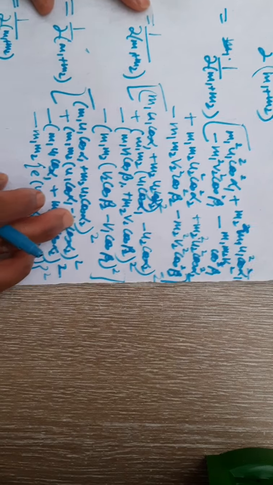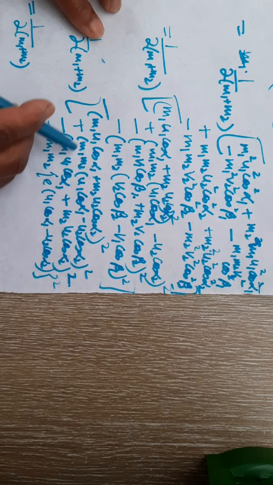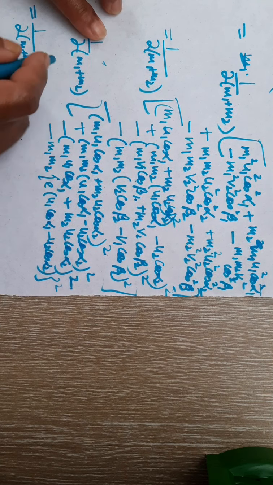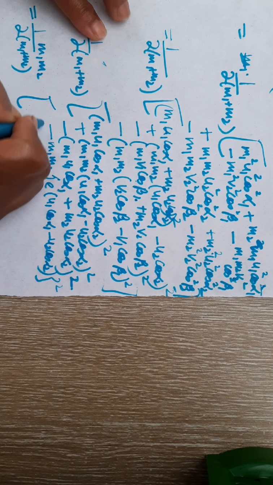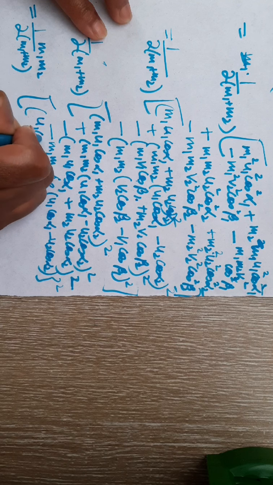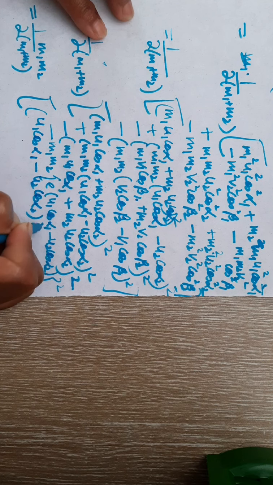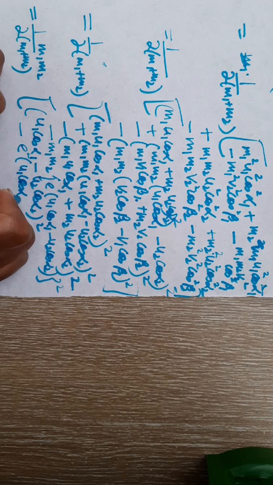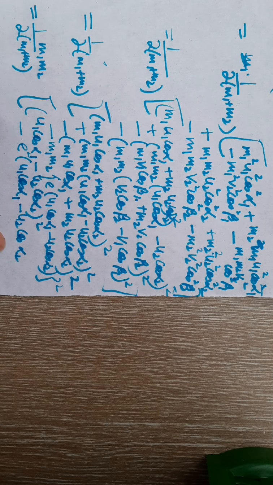You expand this one and you'll see that some terms will be common. Now from here you'll see that m1 m2 will be common because some terms will be cancelled. So then you'll get here m1 m2 will be a common factor, and then inside the bracket it will remain as u1 cos alpha 1 minus u2 cos alpha 2 the whole square minus e square u1 cos alpha 1 minus u2 cos alpha 2 the whole square.